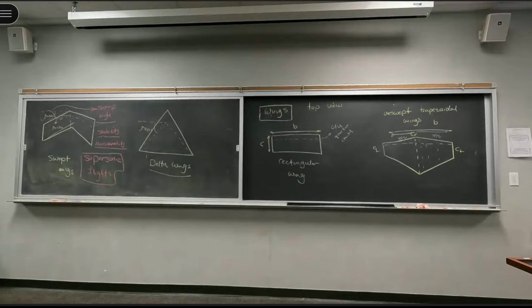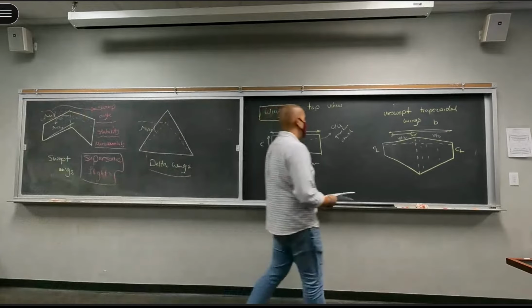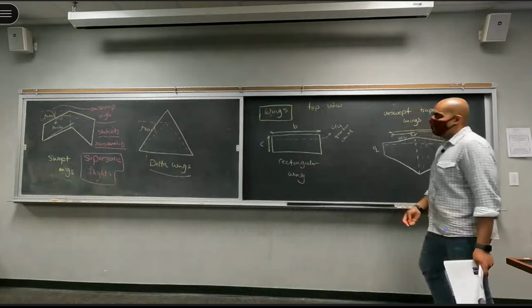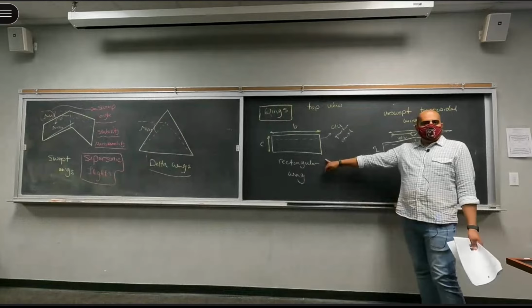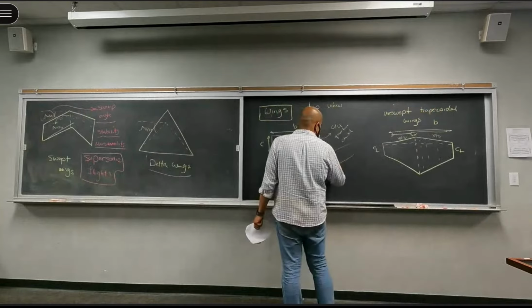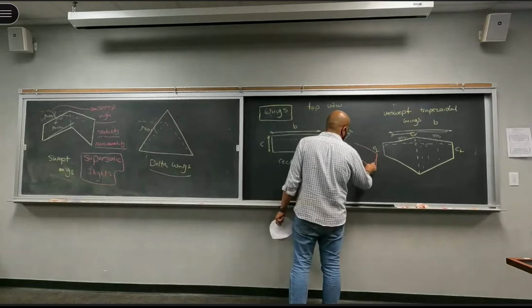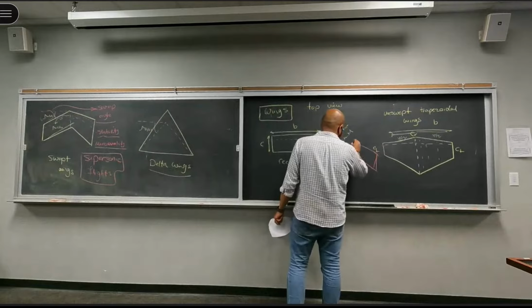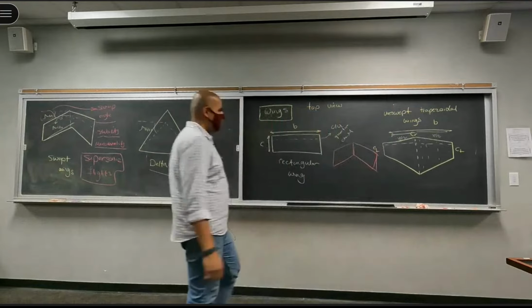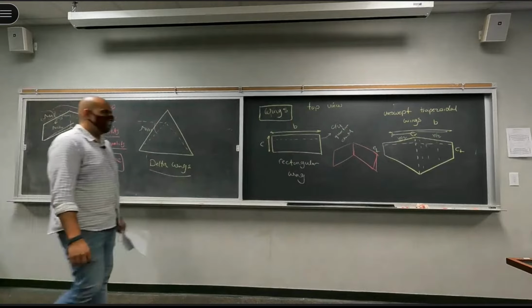What do you think will change when you introduce the sweep angle, or when you increase the sweep angle? Let's say you start from this wing with a sweep angle of 0, okay? Then you introduce a sweep angle. What do you think will change as far as the flow pattern goes?